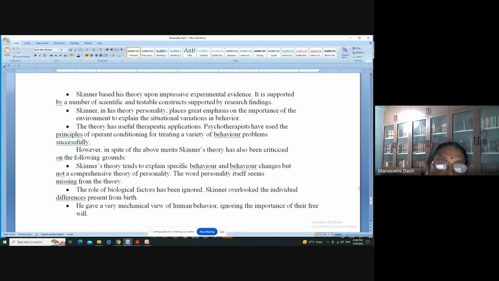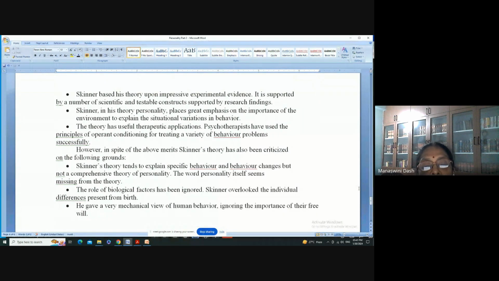And the role of biological factors has been ignored. Skinner overlooked the individual differences present from birth. The role of heredity is not discussed by Skinner, while nowadays many of our personality traits have been found to be moderately heritable.